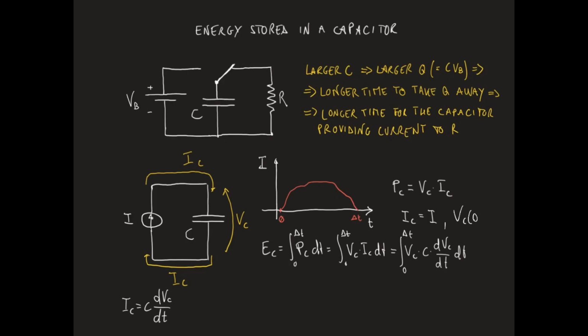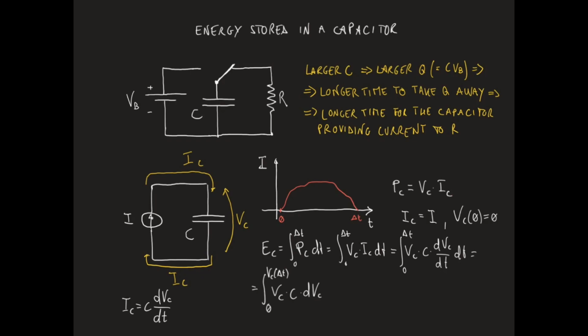Therefore, Vc in 0 equal to 0. Then, with a change of variable, we can rewrite the integral as the integral between Vc in 0, which is 0, and Vc in delta t, of Vc times c dVc.